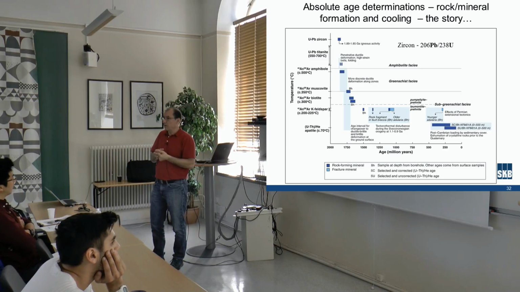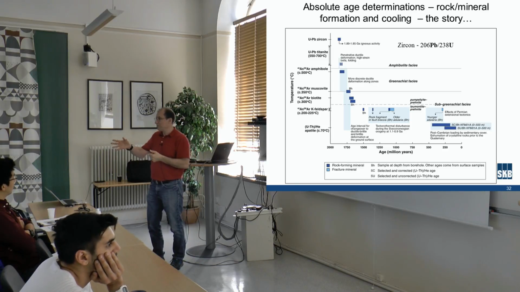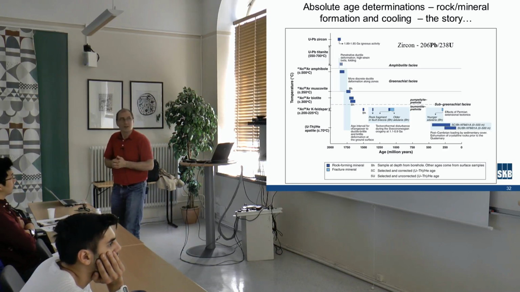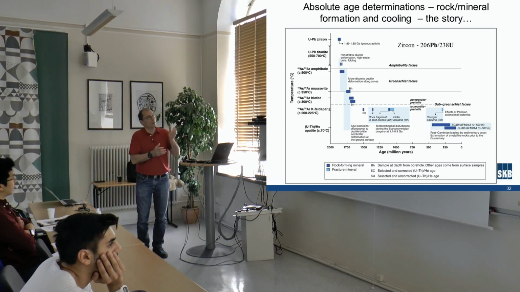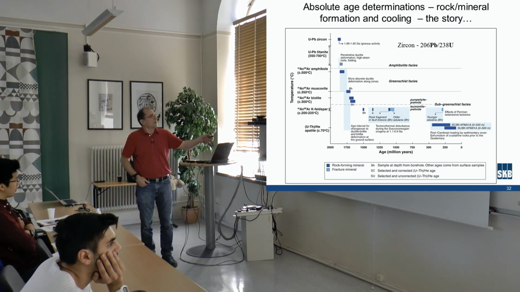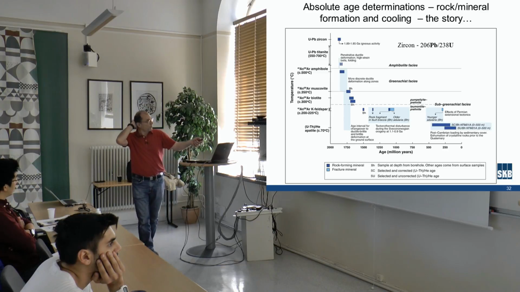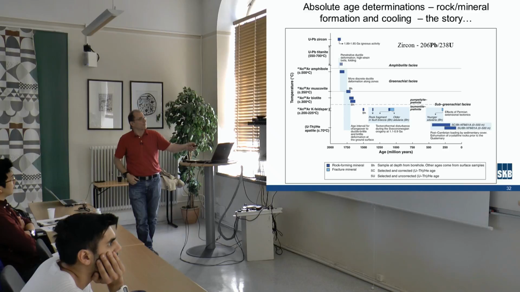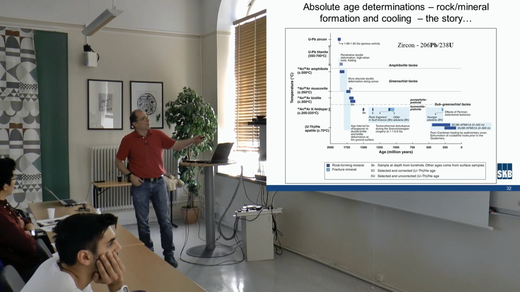This is your business, you know much more than me about that, but that technique is extremely useful. And by using radioactive isotopes in different minerals and different radioactive isotopes, we can tell a story about the cooling.